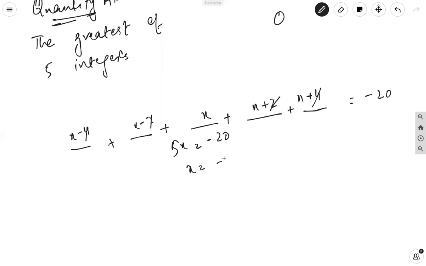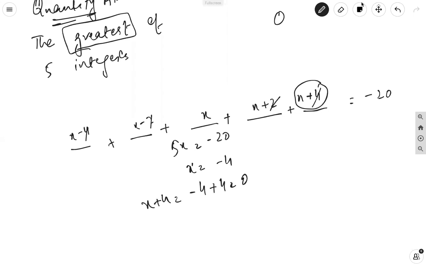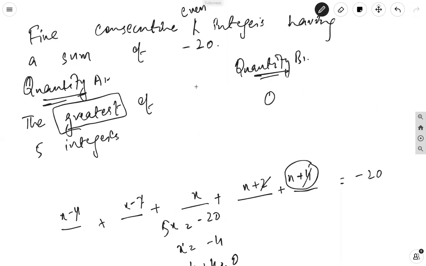X will be equal to minus 4. The question was saying the greatest of the 5 integers, which is x plus 4. So x plus 4 is equal to minus 4 plus 4, which is 0. That's why both quantities are equal, right? Okay.